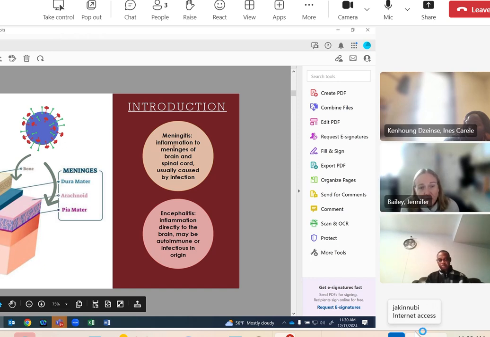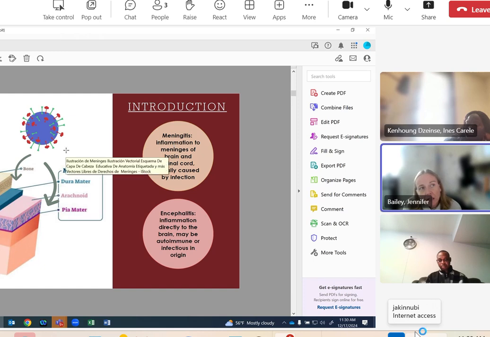Meningitis will cause things like neck stiffness, fever, light sensitivity, things like that. Whereas with encephalitis, if our brain is actually infected, they tend to experience things like confusion or altered mental status.